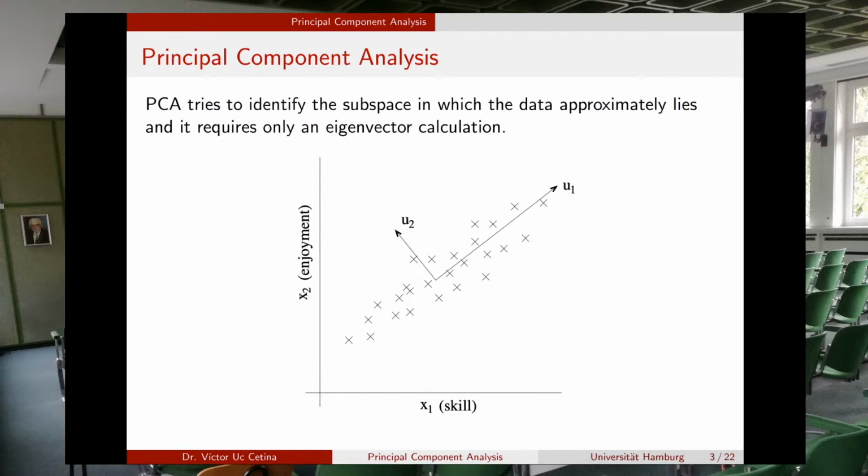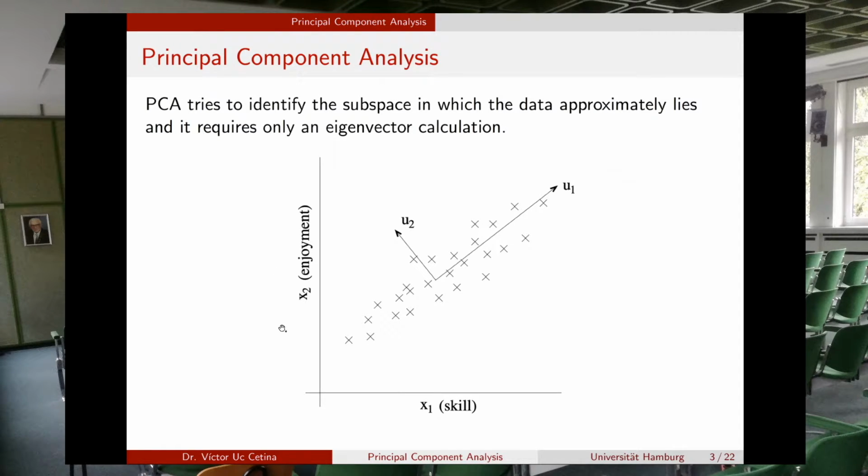So suppose that you have data about people doing some task, and you have information about how good the person is in the skill of doing that task, so how advanced skills this person has, and also you have information about how much enjoyment, how much fun this person is having while doing the task.